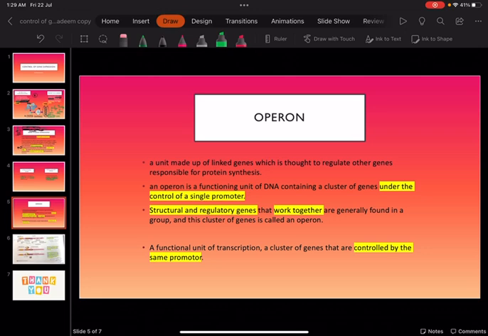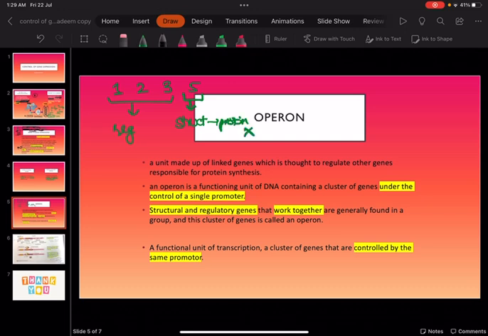For instance, if I give you an example, we have gene 1, 2, 3 and 5, let's say. So, I say that gene 1, 2 and 3 are regulatory genes, and gene 5 is a structural gene that is going to form a protein named X. Right?